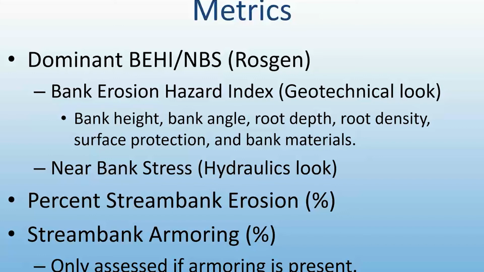The second metric is percent stream bank erosion. That is where you have erosion as identified from the dominant BEHI near bank stress. How much do you have? What's the overall percent of your reach that is eroding? And then stream bank armoring is also a percent. What percent of your study reach is armored?